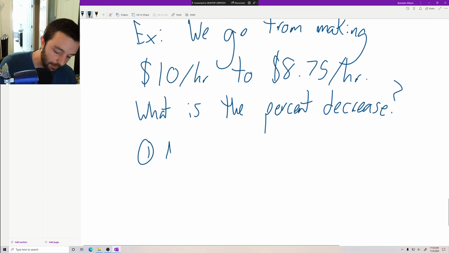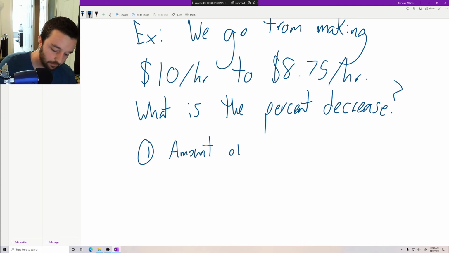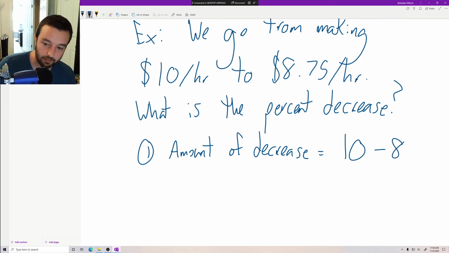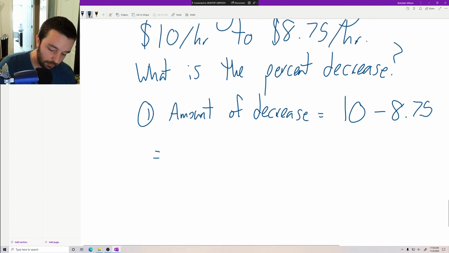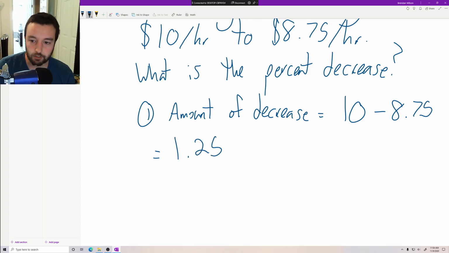Well, first of all, the amount of decrease is going to be the new amount minus, or I'm sorry, the other way around, the old amount minus the new amount this time, right? Because it went down. So it went down by $1.25.